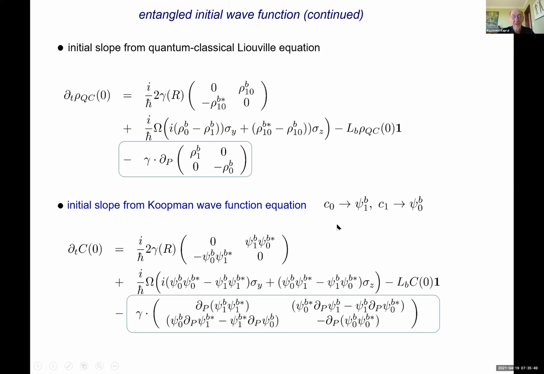But just from a formal point of view, we can write the equations down for this ansatz. And what you see is that if you look at the first terms in this equation, they're almost completely analogous. Here you have the off-diagonal densities, and here you have the product of the wave functions and its complex conjugate for the two different wave functions, psi1 and 2.